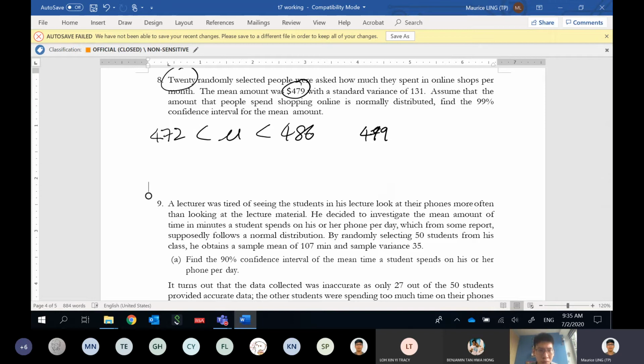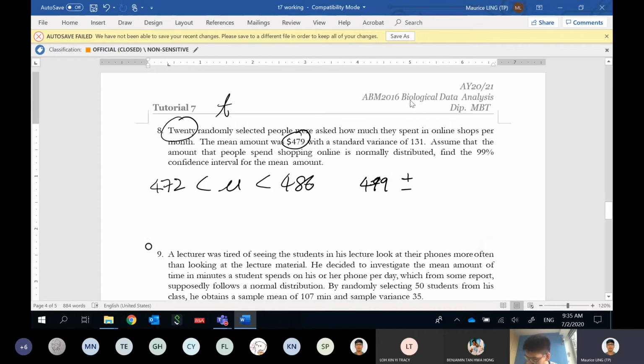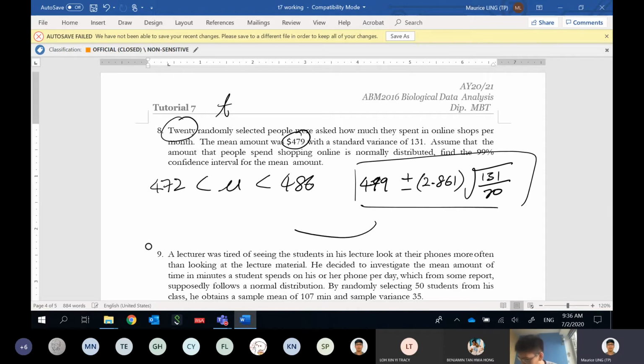So 479 plus or minus, from the t distribution, you get an interval of 2.861 times the variance, which is 131, divided by the sample size, which is 20. So this is where you get this number.